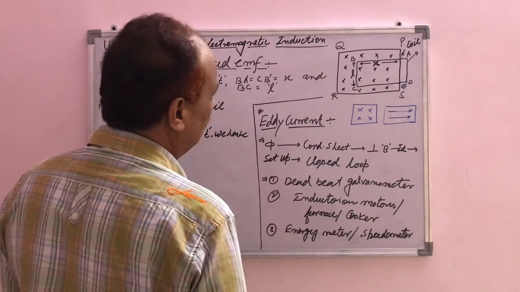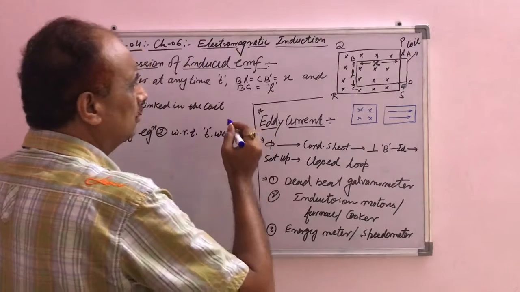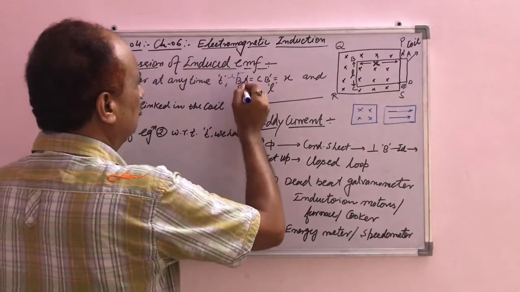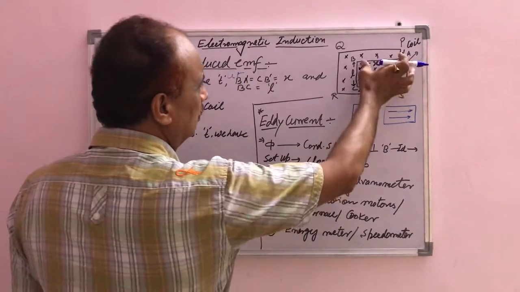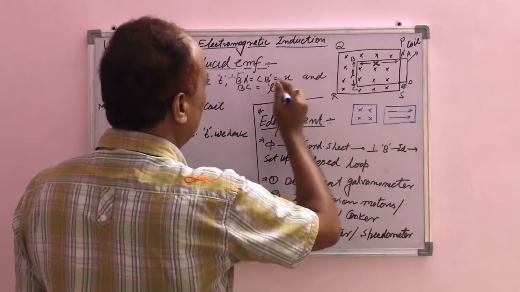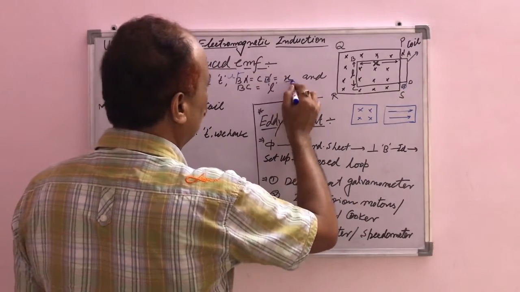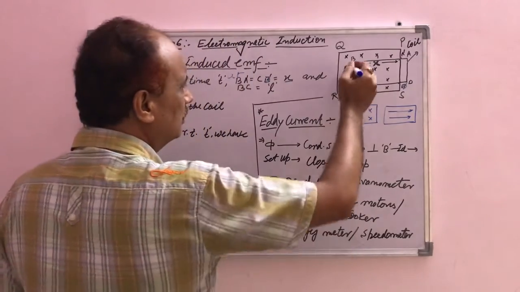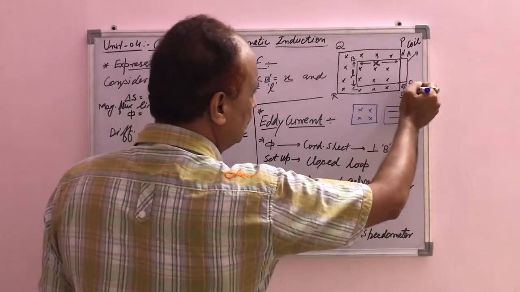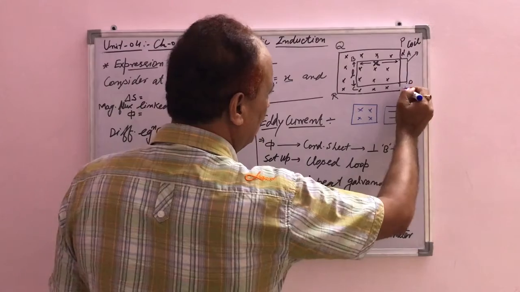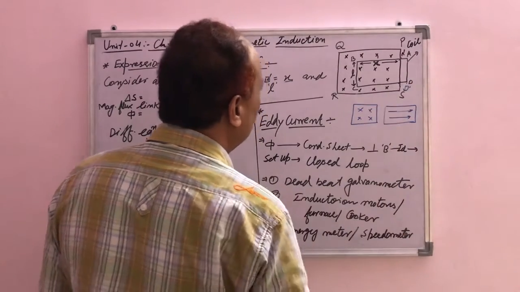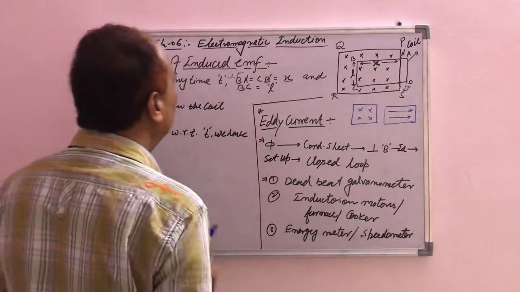At that time, let BA' equal CD' equal x, and BC equal A'D' equal L.